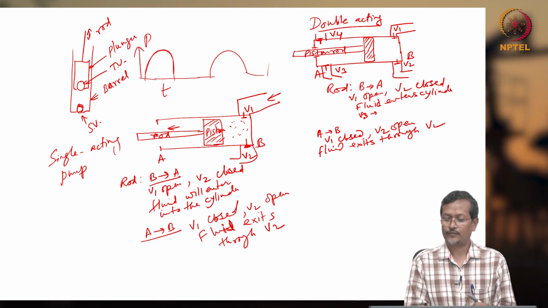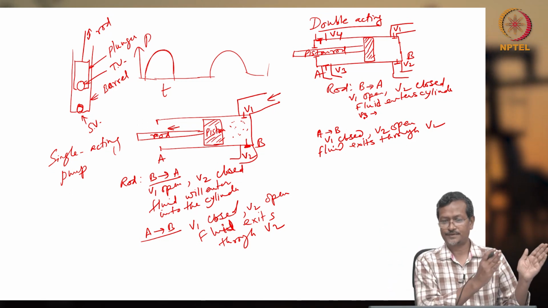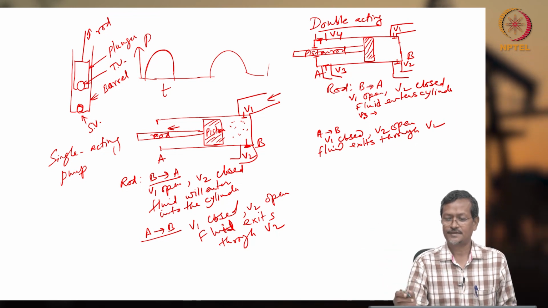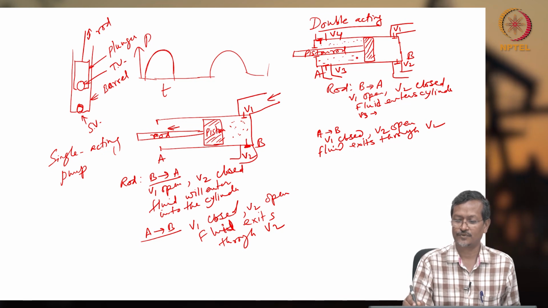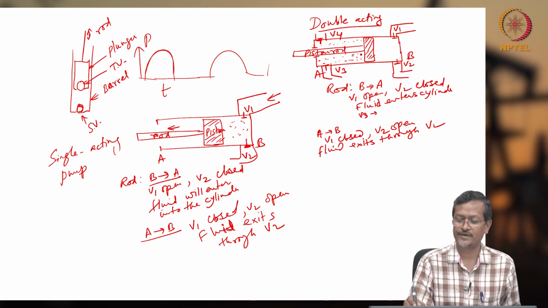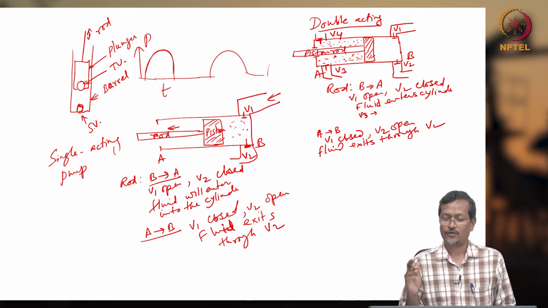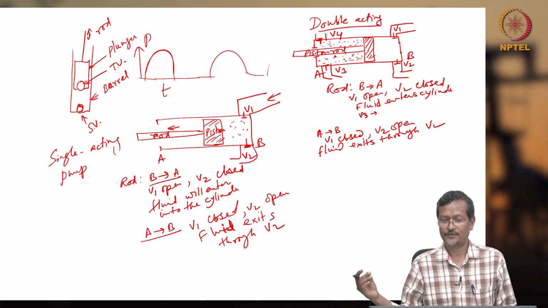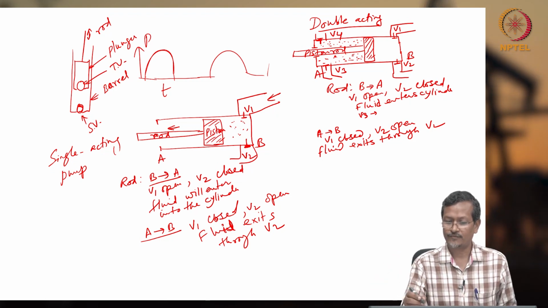When the rod is moving B to A, one side flow is entering, and this cavity, I am putting dots here, I am assuming is filled with liquid. So this cavity is filled with liquid. What will happen? When the rod moves B to A, this fluid will be going out through valve V4.